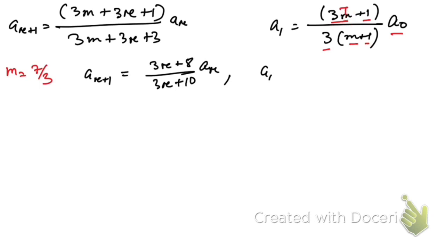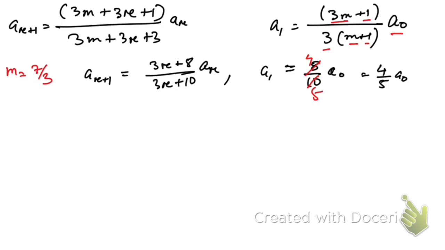Similarly, if you replace this by 7 by 3, then 3 will be cancelled on multiplication, 3 ones are 3, 7 plus 3 is 10, so 8 by 10, that's what you're going to have, 8 by 10 a naught. On cancelling this 2, you can write here 4 by 5 a naught, that's what you're going to have.